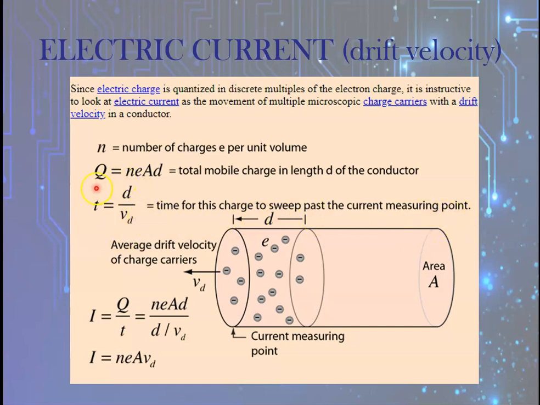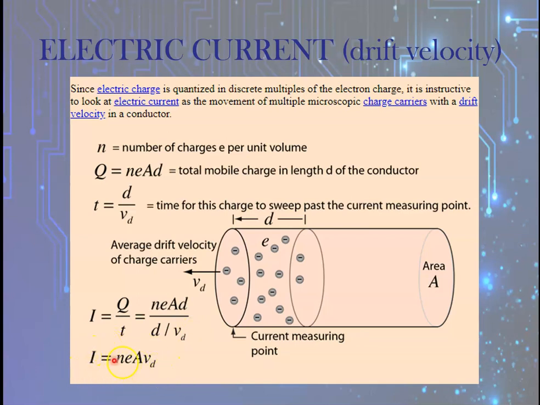By substituting this t into this Q, you get a new equation for the current. I know that current is equal to charge divided by t from previous definitions, so by substituting Q and t into this equation, you get an equation with the drift velocity in it.